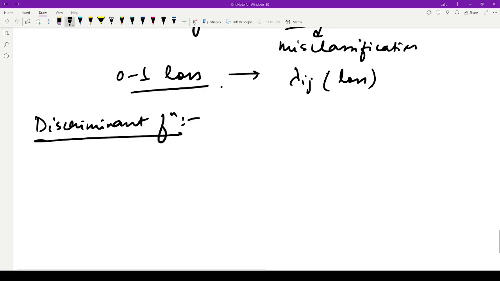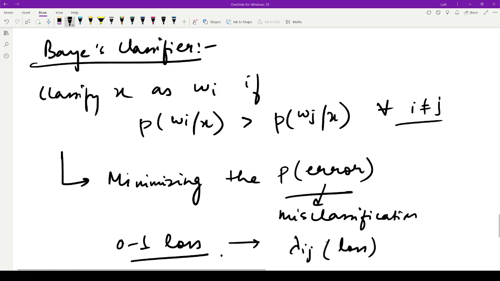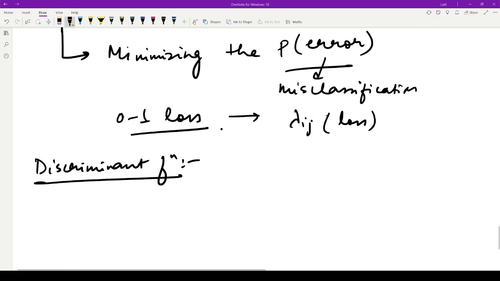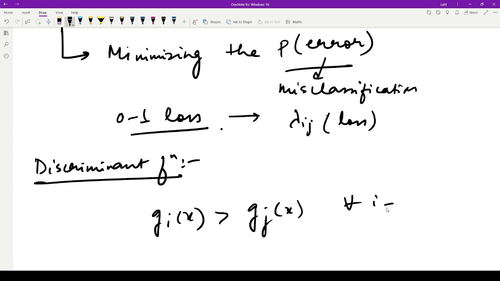So again, same way you can say that if gi of x is greater than gj of x for all i not equal to j, where i and j are classes, then assign wi to the data point x. So that's what it is.